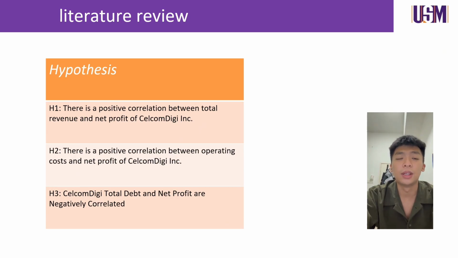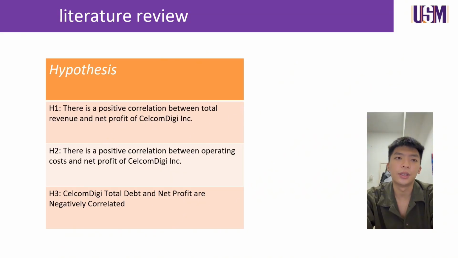However, in the long run, the popularization and application of new technologies will greatly improve the operational efficiency of the telecom industry and increase the user base. This reduces the unit cost and the long-term operating cost, which in turn increases the net profit. So the second hypothesis that we came up with was that there is a positive correlation between operation cost and net profit of Celcom DG Inc.